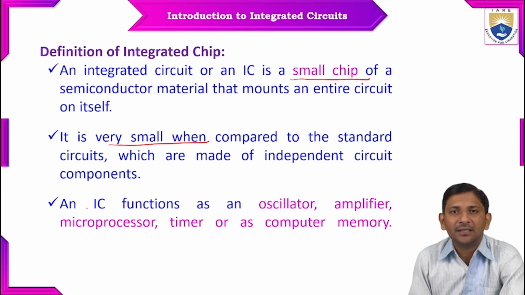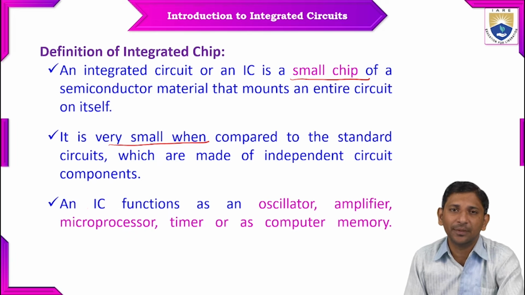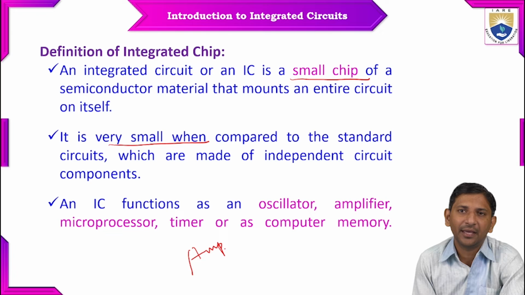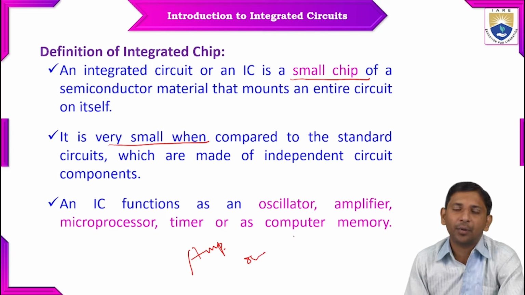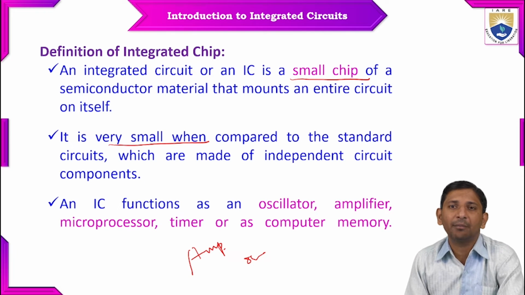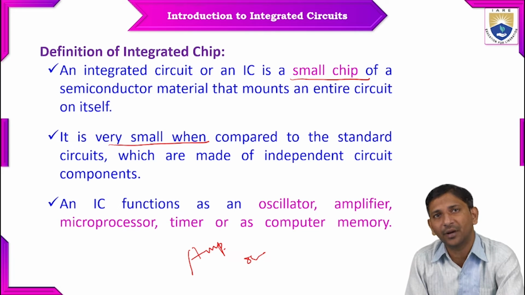And what are the functions, how are they performed? The integrated circuits can be performed as an amplifier, oscillator, processor, or controller. A number of different types of operations can be performed using this.